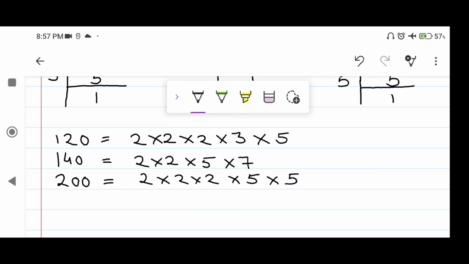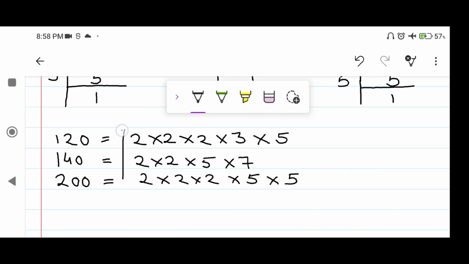So now we have the factors of all the three numbers, 120, 140 and 200. Now what we have to do to find the HCF? We have to find the factors which are common amongst the factors of all the three numbers. So let us find out how many factors are common.